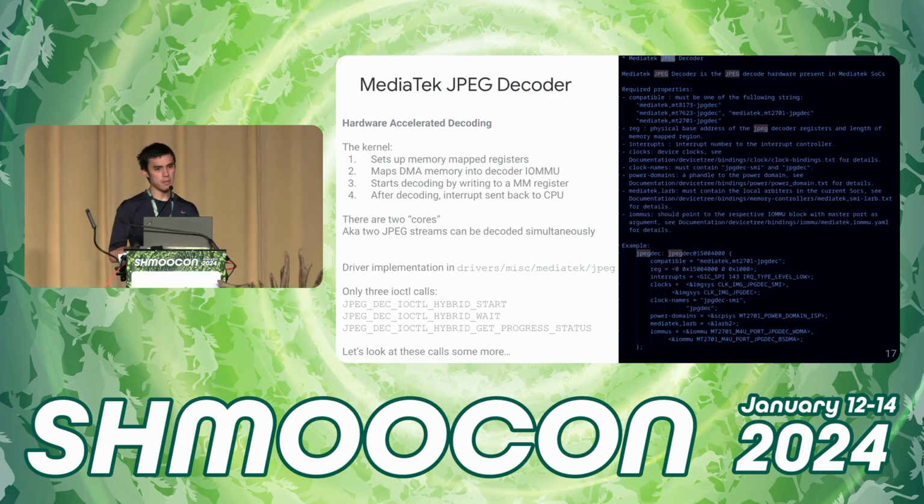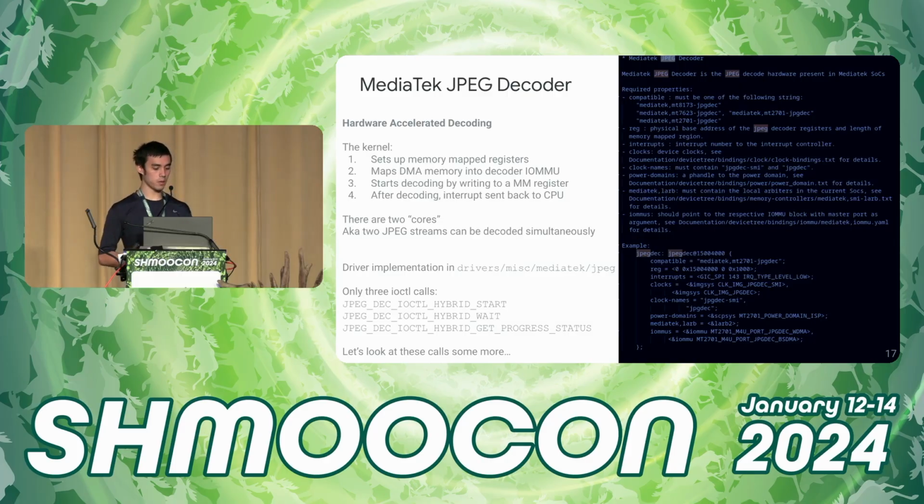It maps DMA memory into the decoder, and then it can start decoding by writing to a certain memory mapped register. After decoding, an interrupt is sent back to the CPU to say, hey, I finished decoding. This JPEG decoding hardware is just used to accelerate decoding of JPEG codecs. And there are 2 cores, which means that up to 2 JPEG streams can be decoded simultaneously.